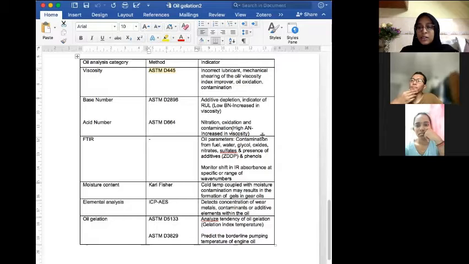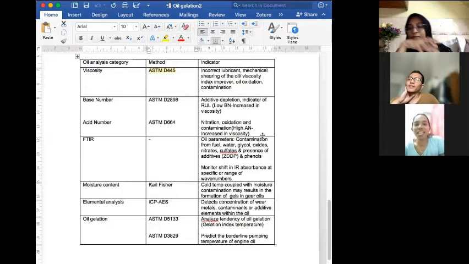What I was thinking is, because we also have our own lab, usually this viscosity, base number, acid number, and oil gelation are required for a normal company, so I think we don't need to outsource it. If in case FTIR or elemental analysis, we might need to outsource, but since we plan not to do all this, then I think we don't really need to outsource.